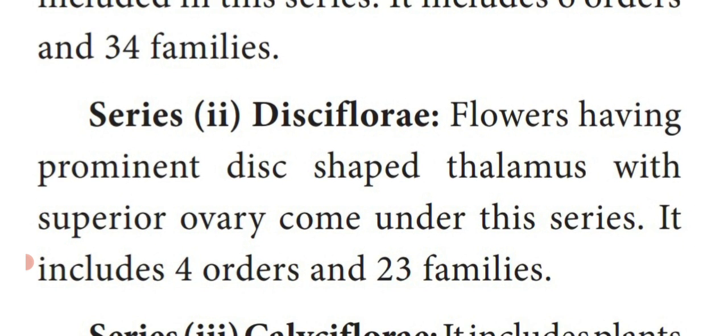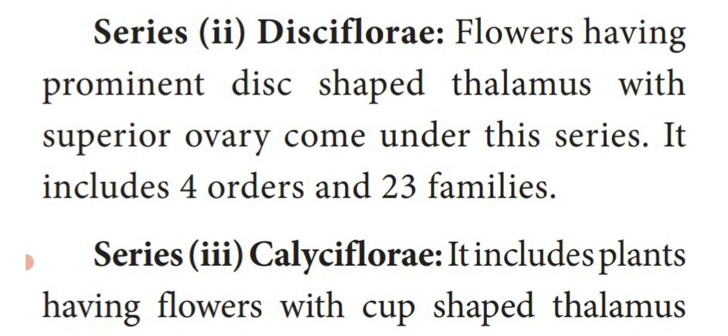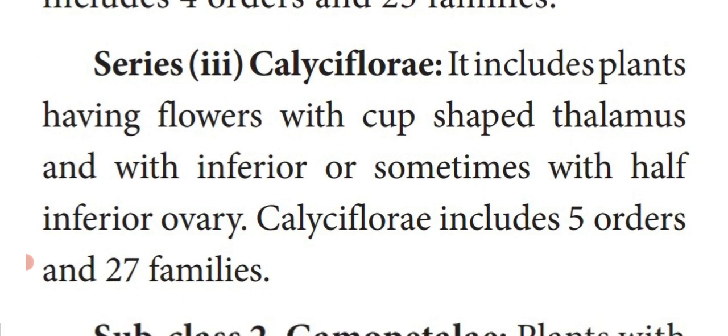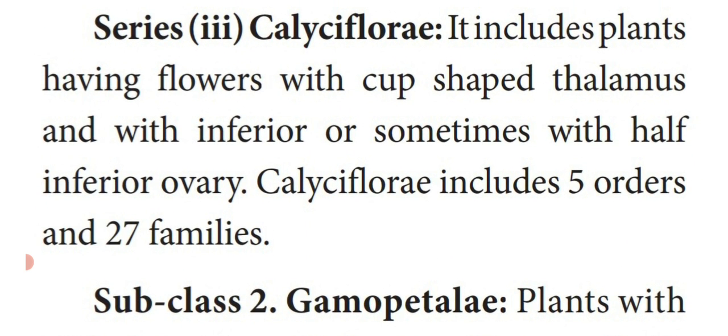The second series is Disciflorae. Disc means disc-shaped. So flowers having a disc-shaped thalamus and superior ovary come under Disciflorae. It consists of 4 orders and 23 families. Next one, series Calyciflorae.